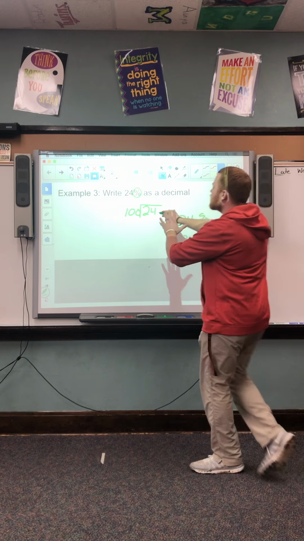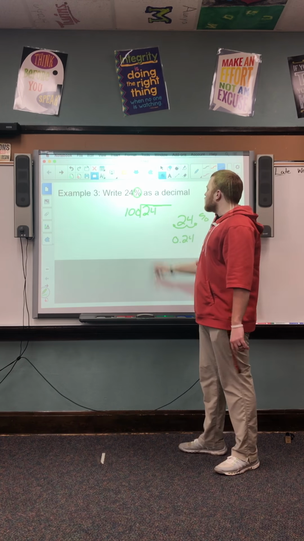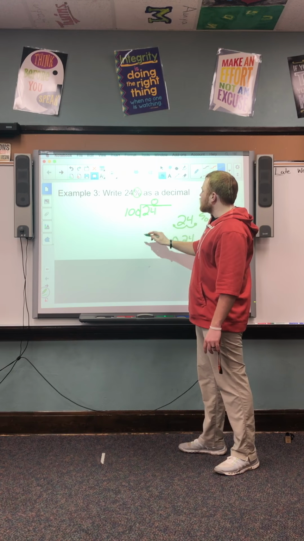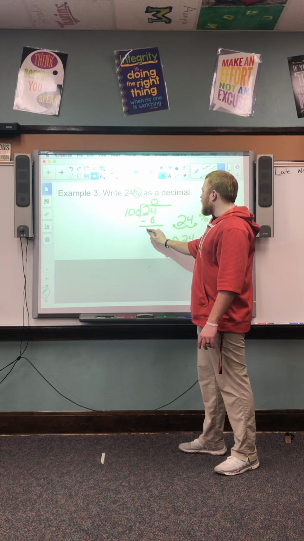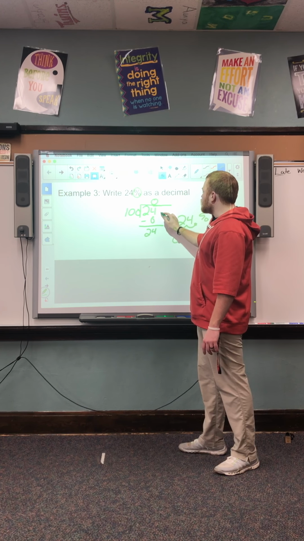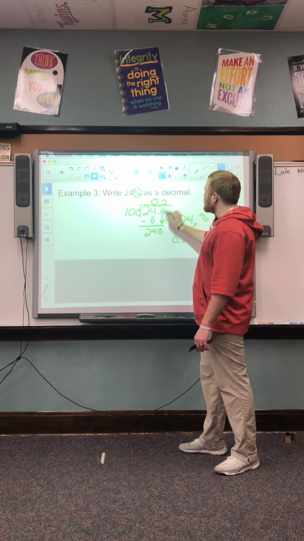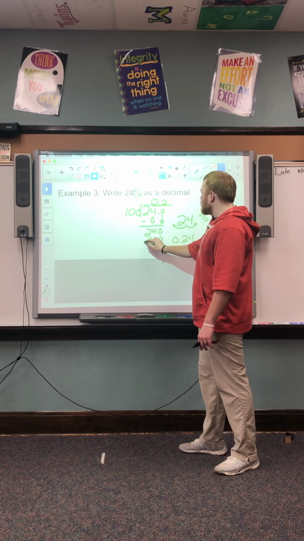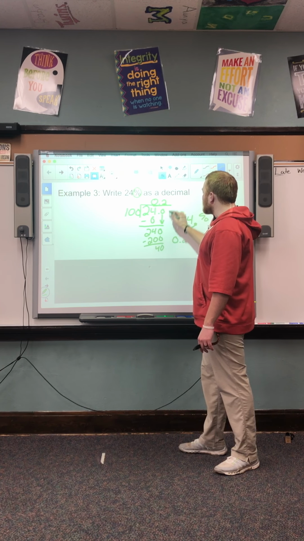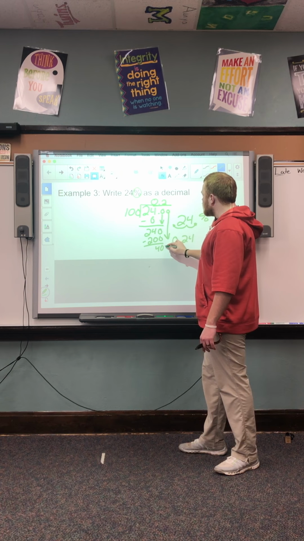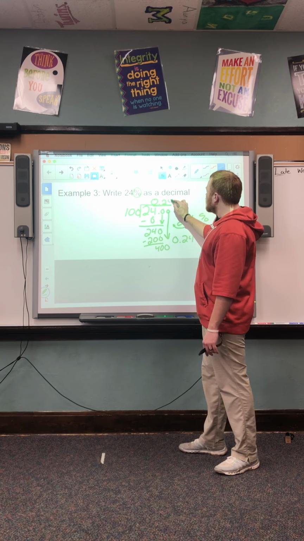Now you can do this by dividing by 100. 100 goes into 24 0 times. Subtract. Before you drop a 0, bring up a decimal. Bring down a 0. 100 can go into 240 twice. Get 200. Subtract, you get 40. Bring down a 0. 100 into 400 4 times.